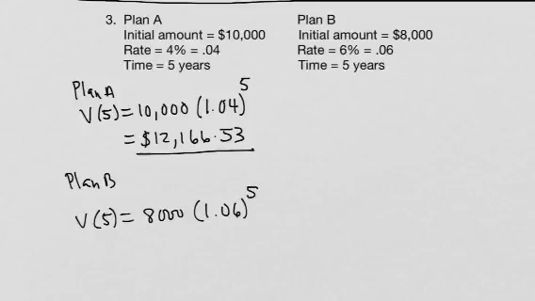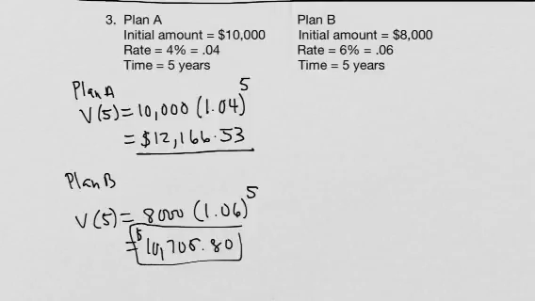And when you put that into your calculator, you get $10,705 and 80 cents. Maybe I should put it, my numbers are kind of messy, but this is 10,705. Okay, so 10,705. This is plan B.